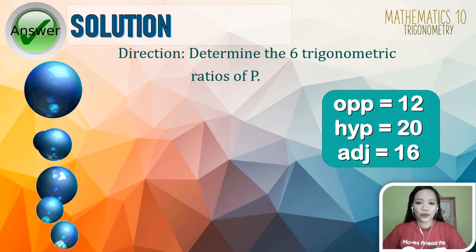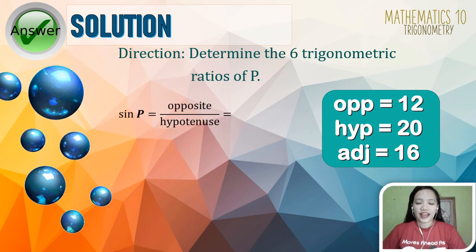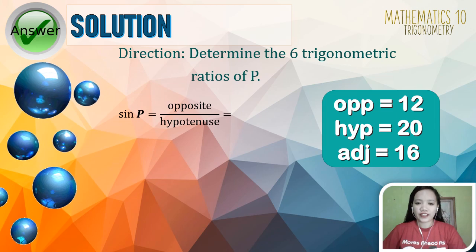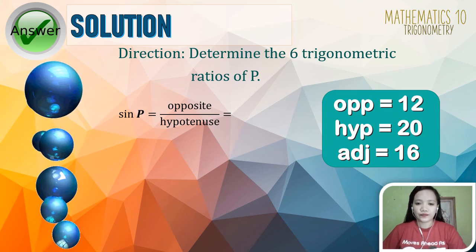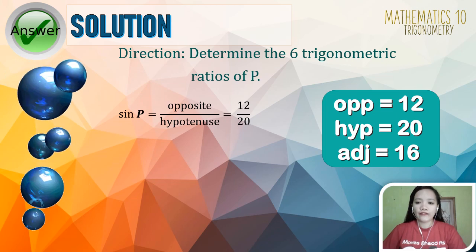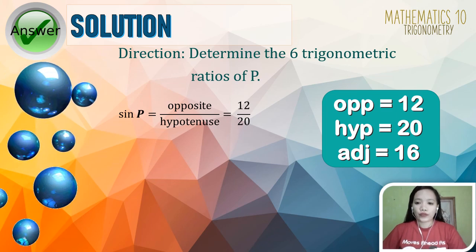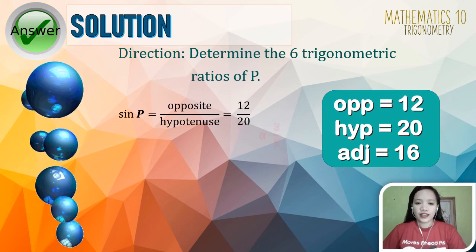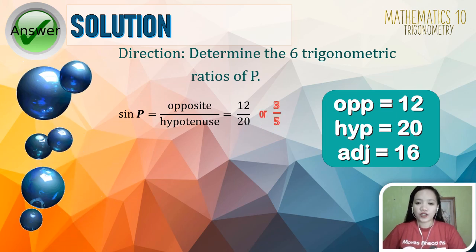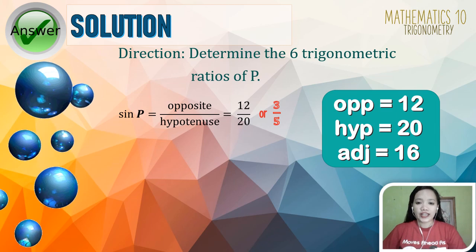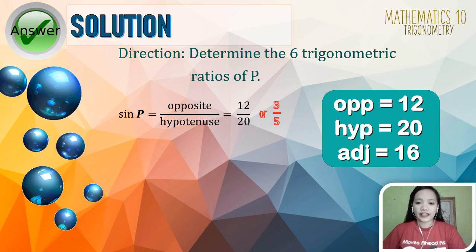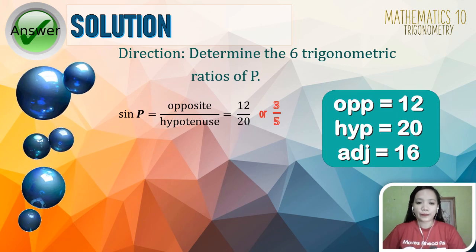Now, let's start with sine. So, sine P equals opposite divided by hypotenuse. Substituting in the formula, we'll have 12 over 20 or 3 over 5. I told you that if the ratios can still be simplified, then you need to simplify.